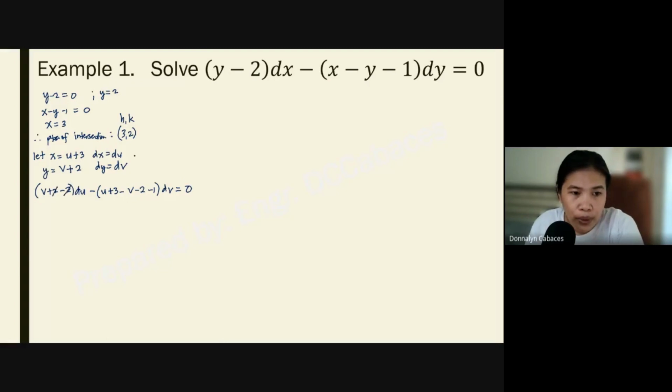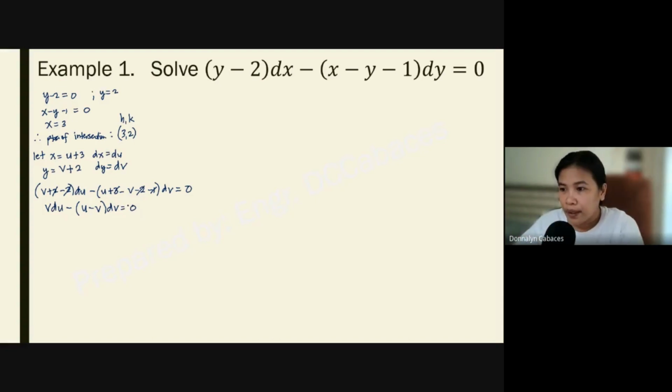Positive 2, negative 2 is 0. 3 minus 2 minus 1 is 0. So remaining now, you have v du minus the quantity (u - v) dv equal to 0.